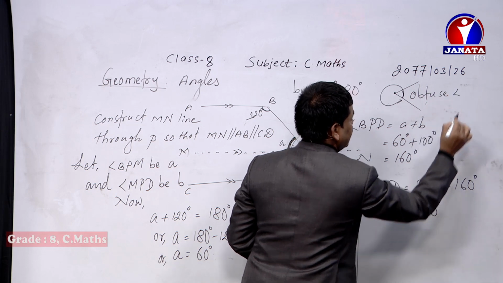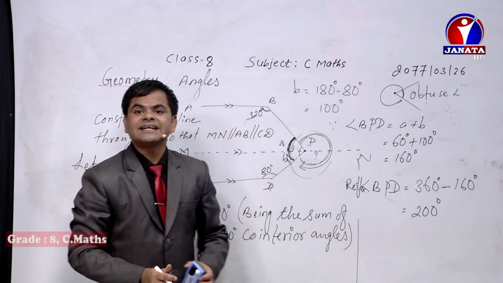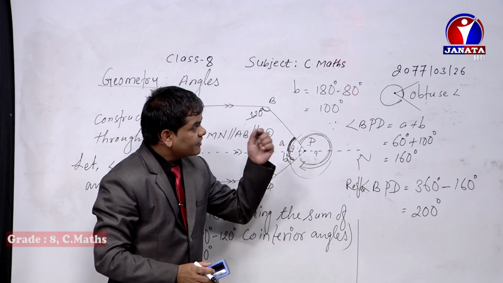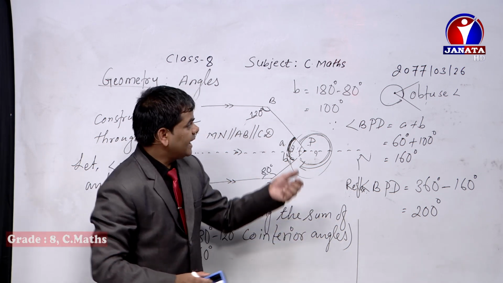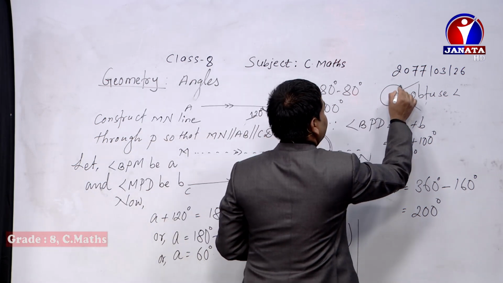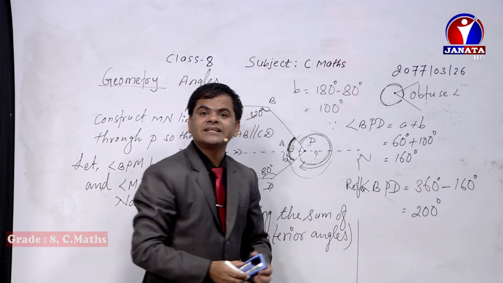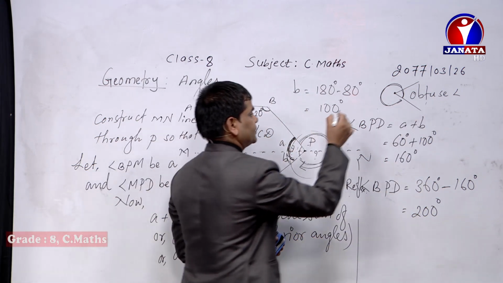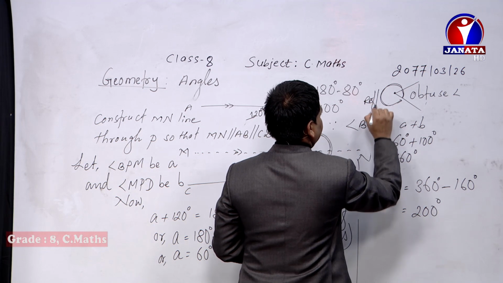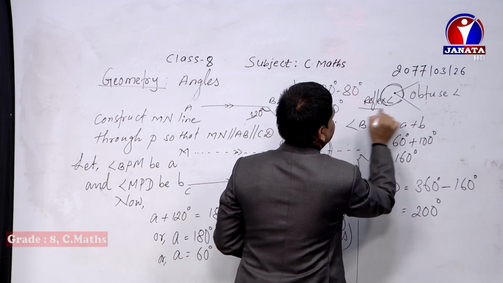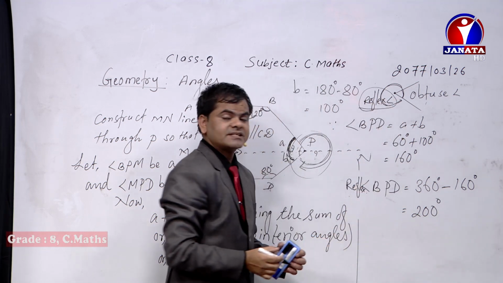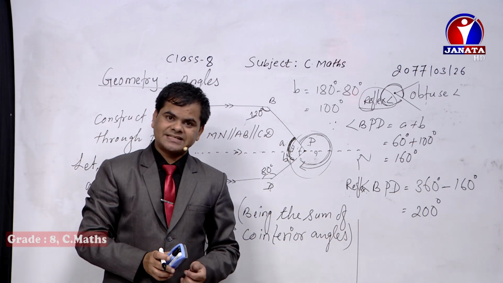The bigger or major part of the angle is known as the reflex angle. So this part is major, and as a result we need to write that one as the reflex angle.